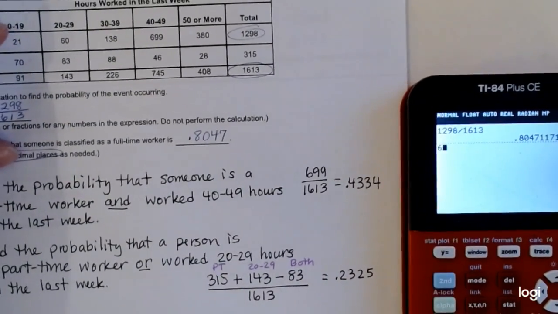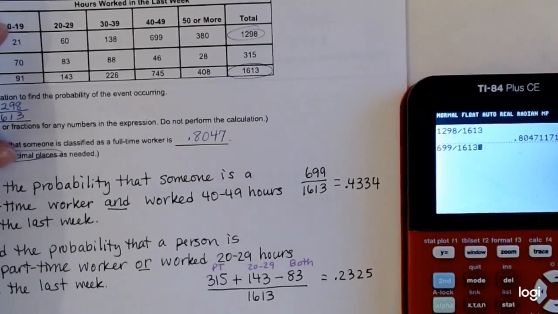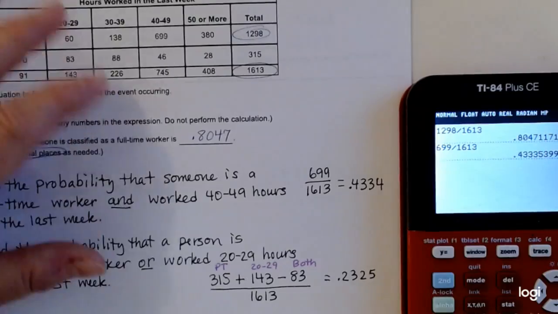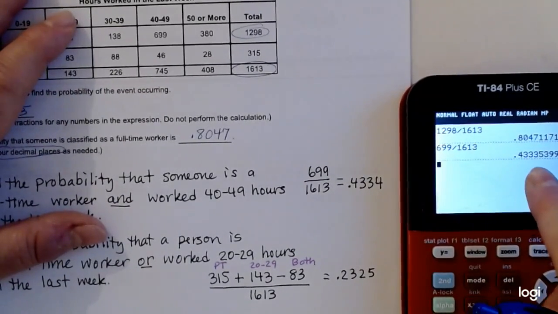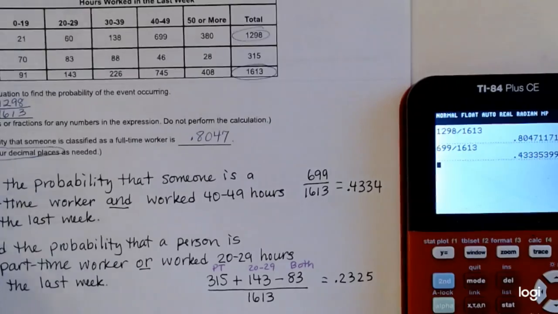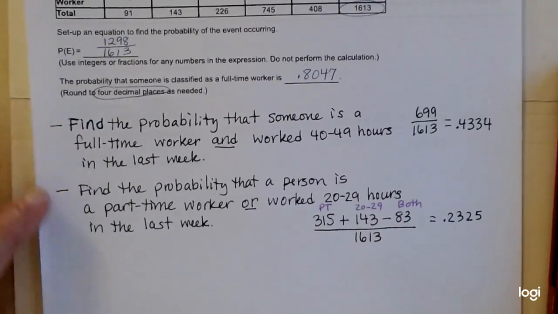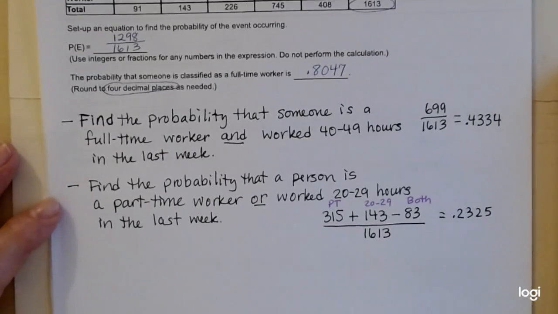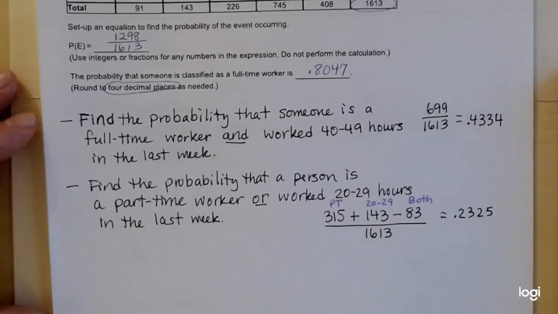So when we calculate that, we get 0.4333. We get a bunch of threes. But if we round to 4 decimal places, the last 3 here will become a 4 because the number beside it is a 5. So 0.4334 is the probability that a person is a full-time worker and also worked 40 to 49 hours in the last week.